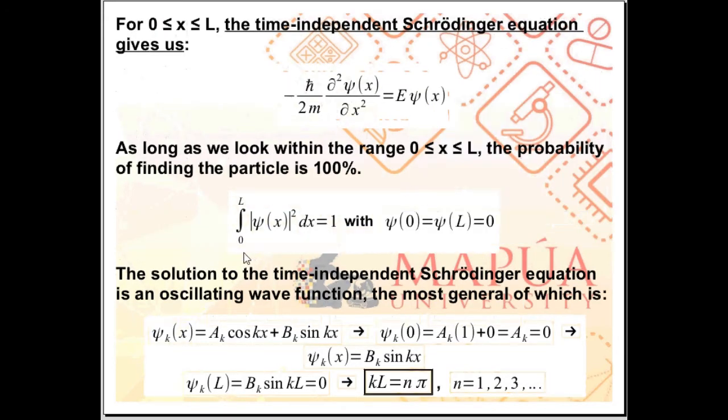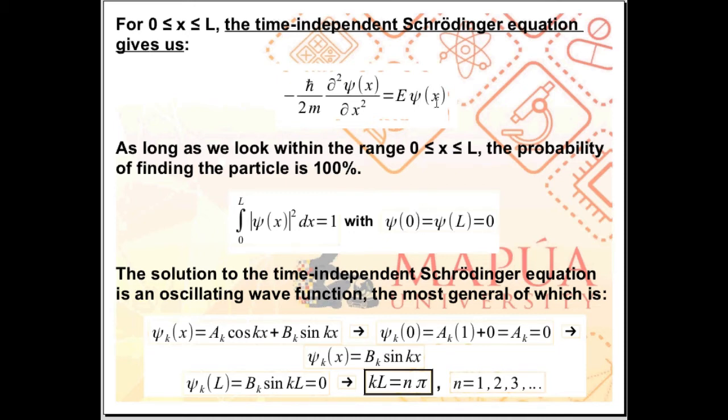So the probability P, the integral from 0 to L of the square of the absolute value of small psi times dx, is equal to 100%. At x is equal to 0, small psi is 0. At x is equal to L, small psi is also equal to 0.